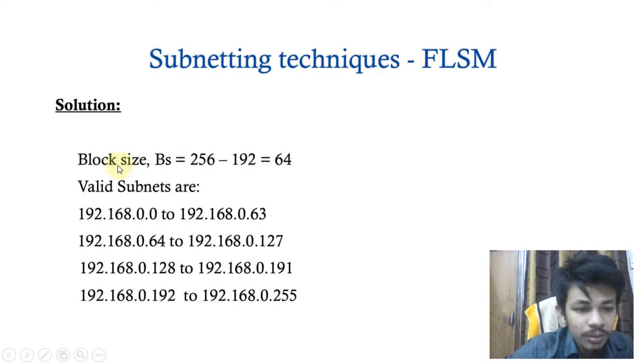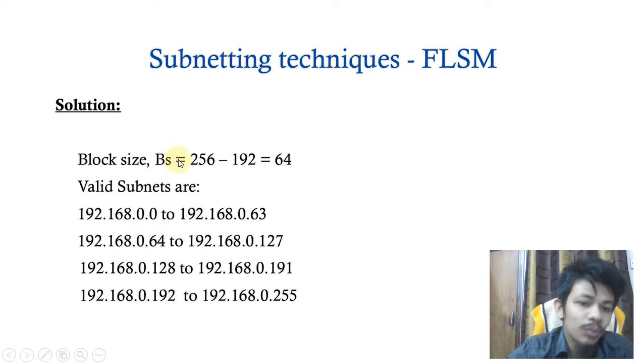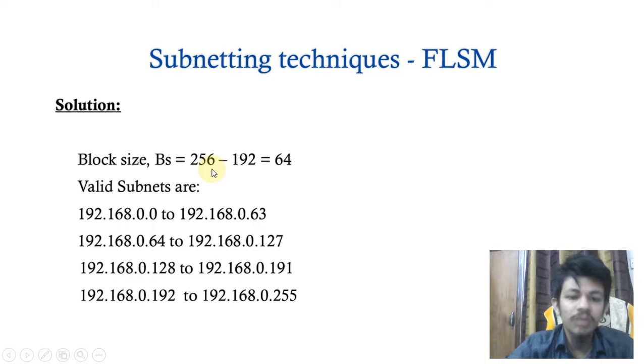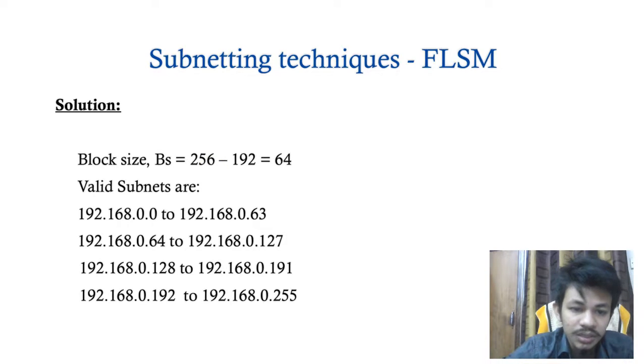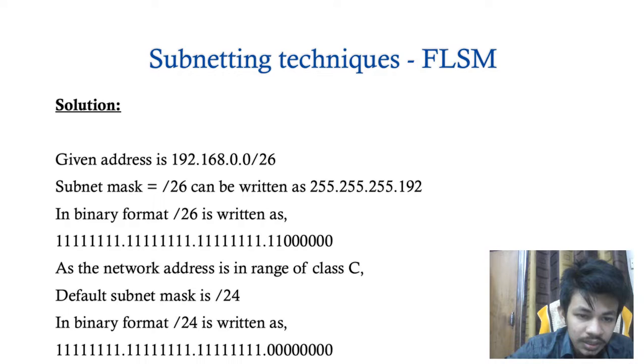So let's find out the block size. How can we find the block size? For class C, the last octet is our host portion. If we calculate, it starts from 0 and ends at 255. If we count from 0 to 255, we get 256 in total. As we have been given /26, these 2 bits are counted.